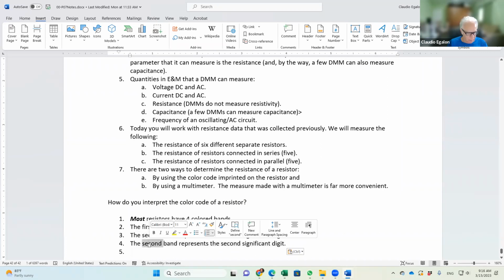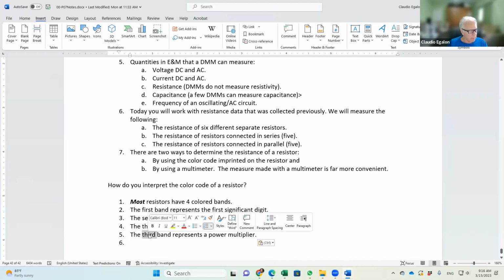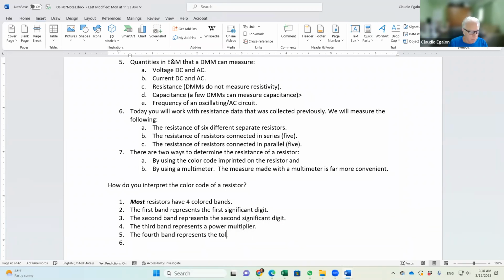The third band represents a power multiplier, and the fourth band represents the tolerance of the resistance.